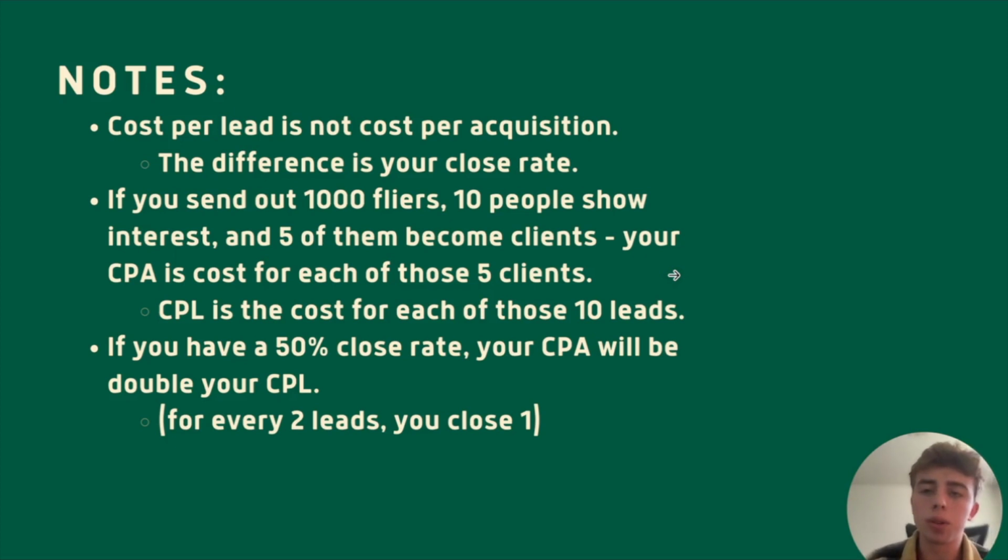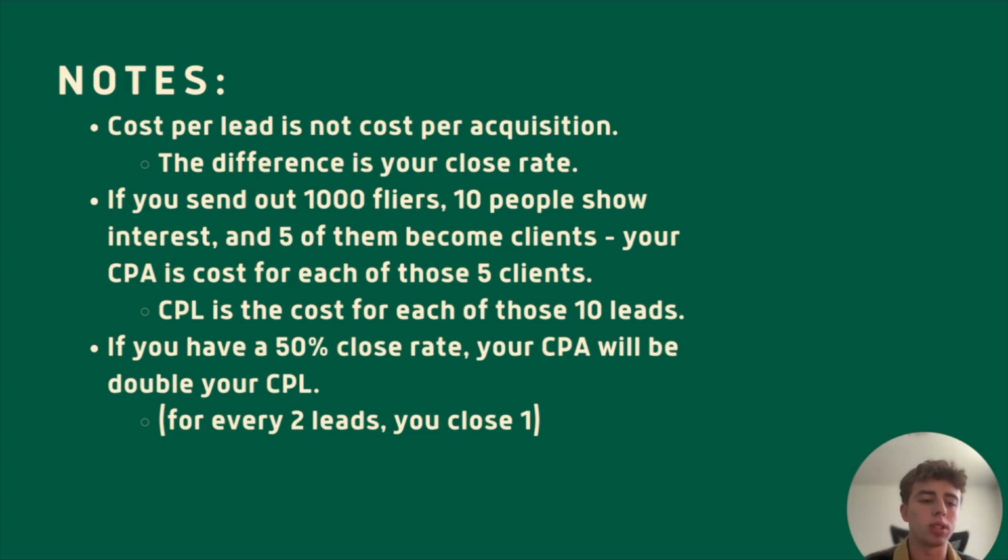So just some quick notes is that cost per lead is not cost per acquisition, and the difference is your close rate. So going back to the every door direct mail example, if you sent out 1,000 flyers and you get calls from 10 people, those are leads. If you close 5 of those people, you have a 50% close rate. So the cost per lead is the cost for each of those 10 leads, those 10 people that called you.